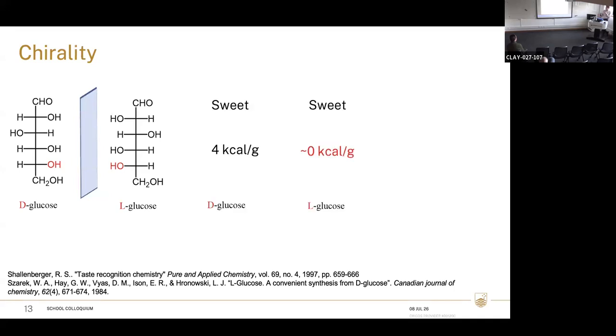And a fun fact is that both of them are sweet because they interact with our receptors, but this one can't be digested. So if we eat it, it will be sweet, but it will be zero calories. There actually was a real idea to create a sweetener based on L-glucose, but it ended up being too expensive because nowadays there are much cheaper and easier to produce sweeteners.